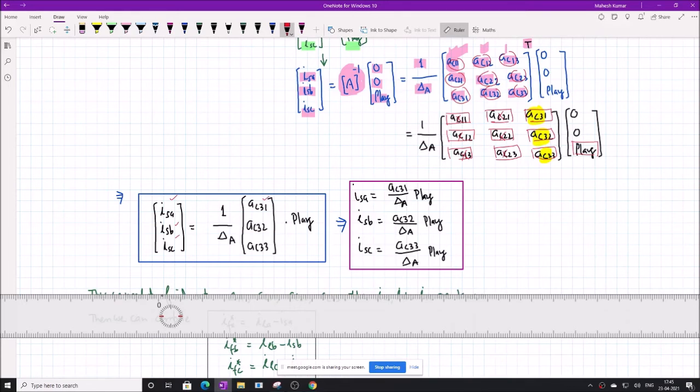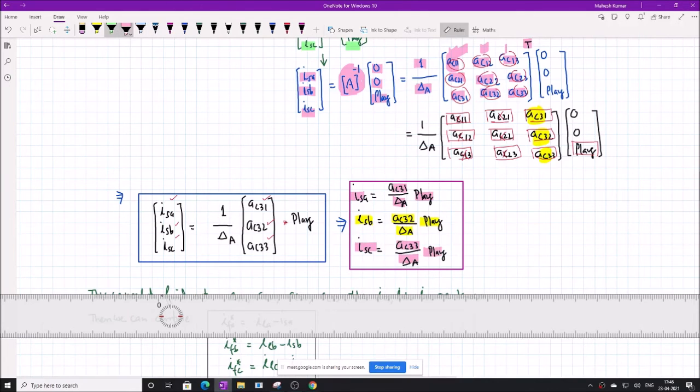So AC31 is here, AC32 is here, AC33 is here, into PL average. Again I can take the individual components of this current: ISA is equal to AC31 by determinant A into PL average, ISB is AC32 by determinant into PL average, and ISC is AC33 by determinant into PL average.